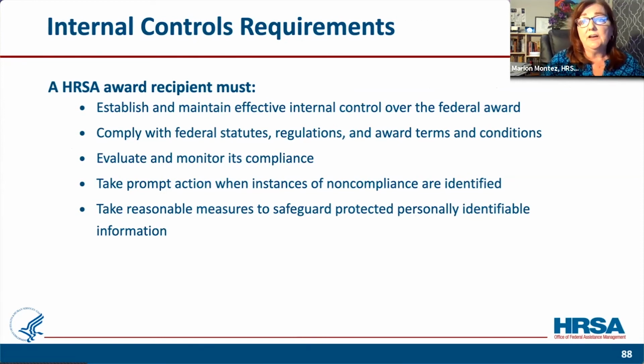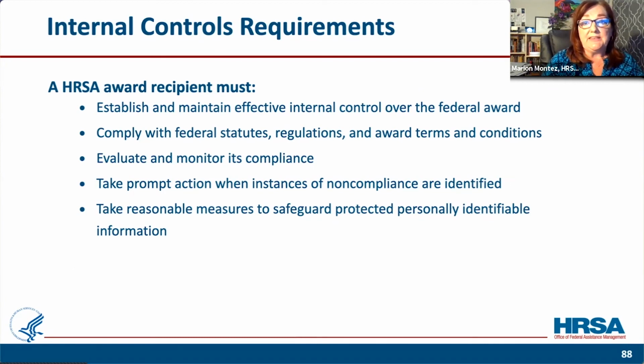The next section of the Uniform Administrative Requirements, section 45 CFR 75.303, talks about internal control requirements. Your organization must establish and maintain effective internal control over the federal award that provides reasonable assurance that you're managing the award in compliance with all statutes, regulations, and the terms and conditions of the federal award, and that you know what the risks are.